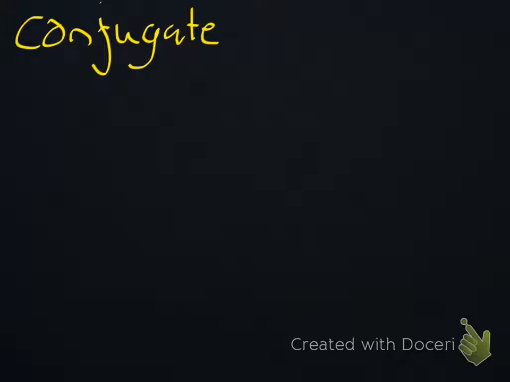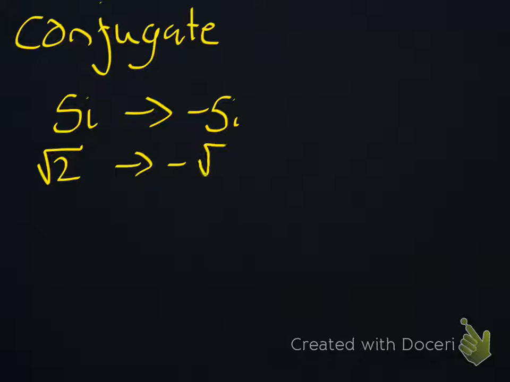If I have 5i, its conjugate is negative 5i. If I have the square root of 2, its conjugate is negative square root of 2. So it's like the opposite.